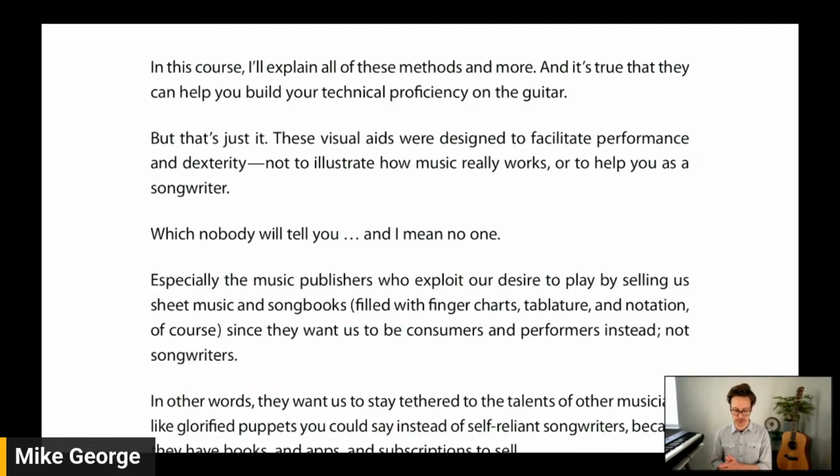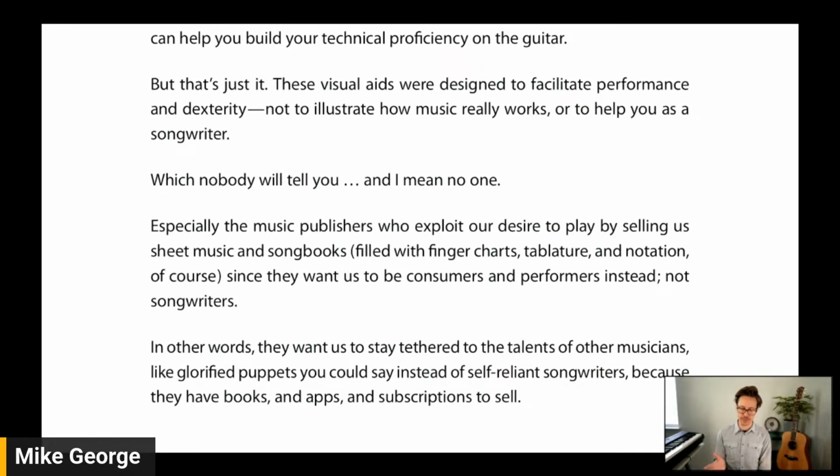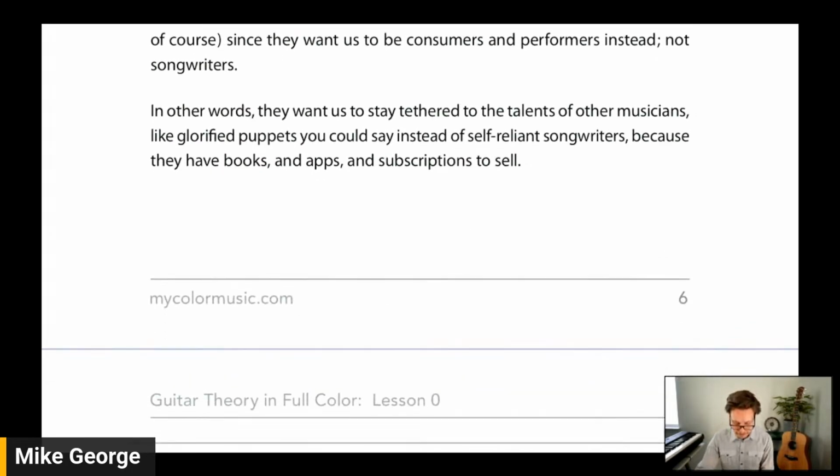Especially the music publishers who exploit our desire to play by selling us sheet music and songbooks filled with finger charts, tablature, and notation, of course, since they want us to be consumers and performers instead, not songwriters. In other words, they want us to stay tethered to the talents of other musicians, like glorified puppets, you could say, instead of self-reliant songwriters, because they have books and apps and subscriptions to sell.